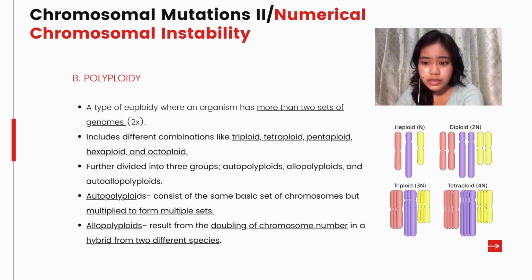Autopolyploids are polyploids that consist of the same basic set of chromosomes but multiplied to form multiple sets. Allopolyploids are the polyploids that result from the doubling of chromosome number in a hybrid from 2 different species.